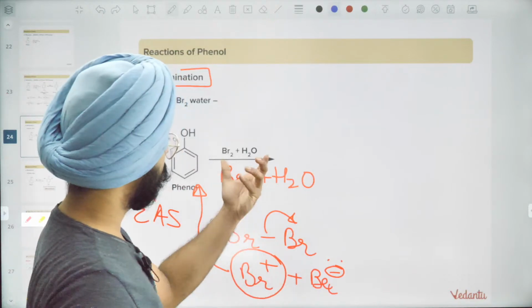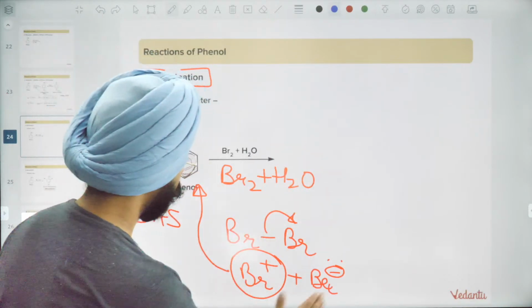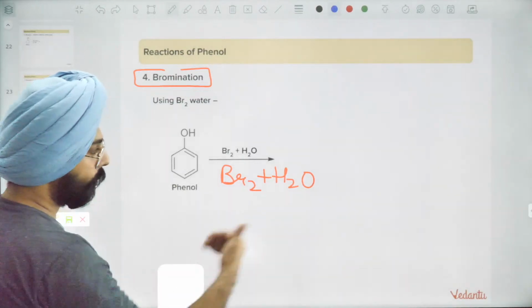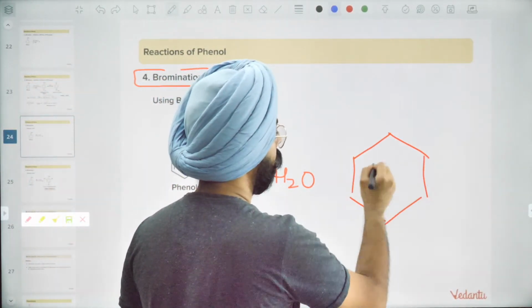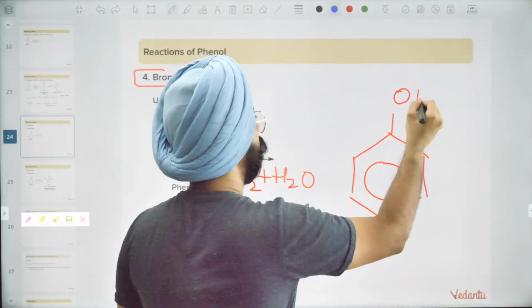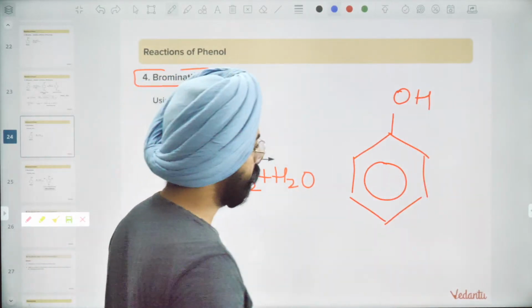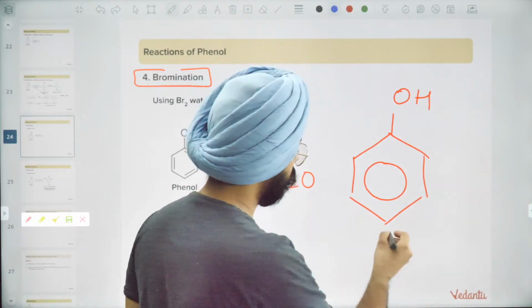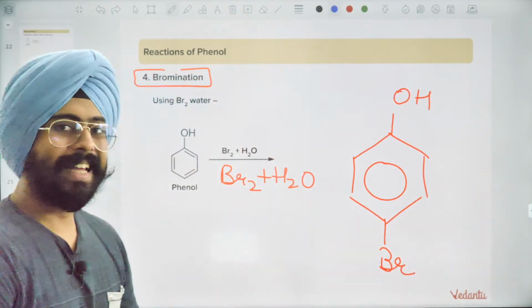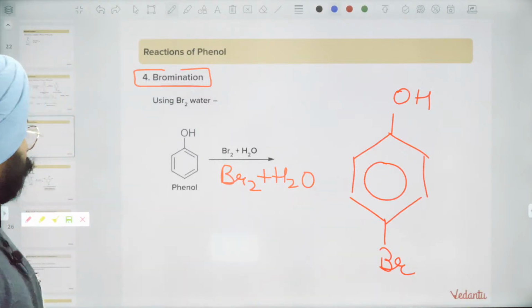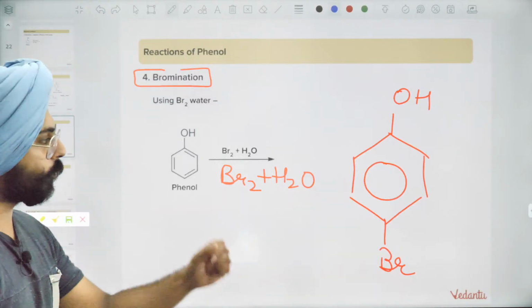Instead of using AlCl3, we are just doing it in water. So what you would expect in this particular reaction is the formation of bromophenol, and given that you don't want steric hindrance to happen, bromine should not approach the ortho position, so it's better that bromine approaches the para position. This is what you expect, isn't it? This is what you expect.